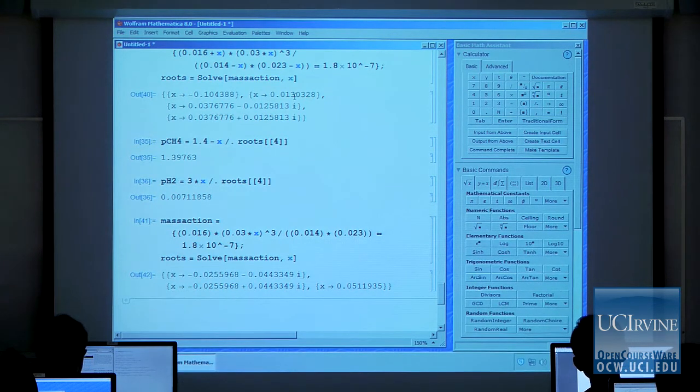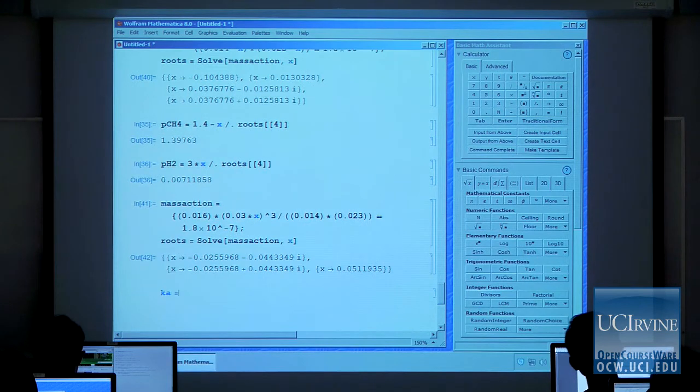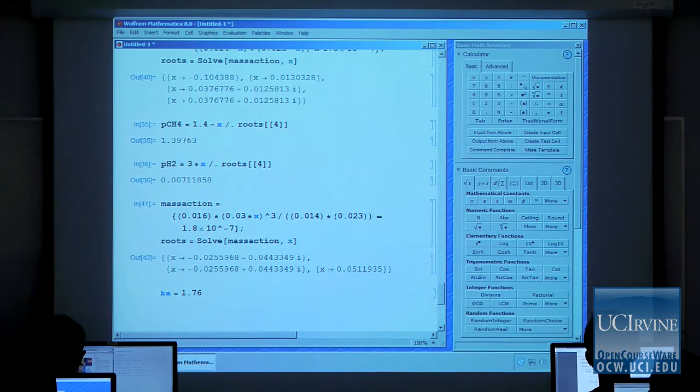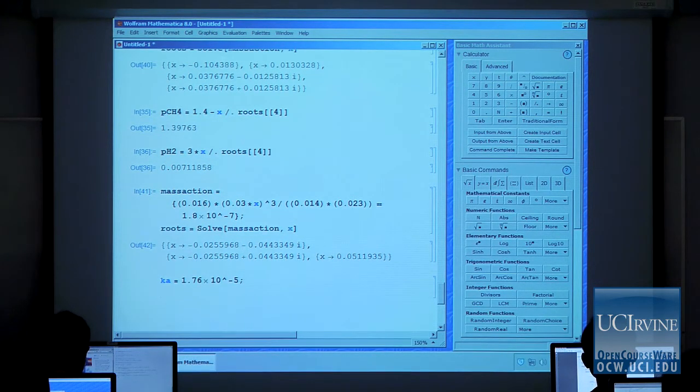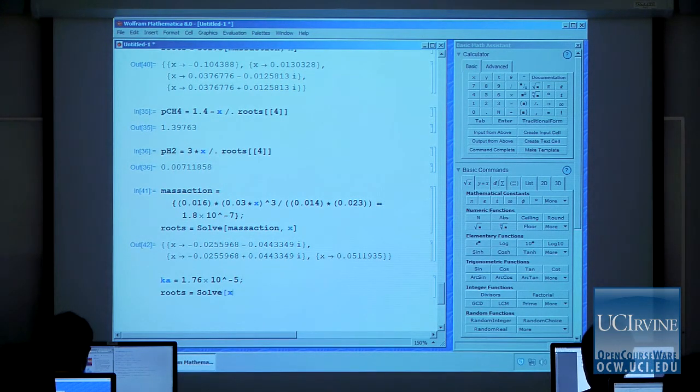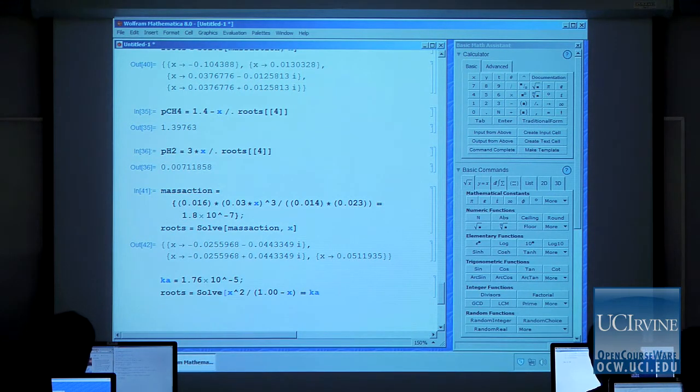So let's go ahead and put in the Ka, 1.76 times 10 to the minus 5. And then I'm going to get the roots of the equation to be solved, which is Solve x squared divided by 1.0 minus x equals K, solve for x.